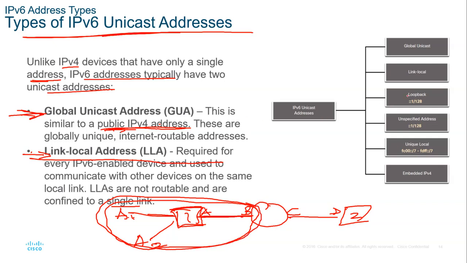So here we have the IPv6 unicast addresses: we have global unicast, we have link local, we have loopback. Now these are special: loopback and unspecified address. Unique local addresses are the private ones, equivalent to private IPv4 addresses.